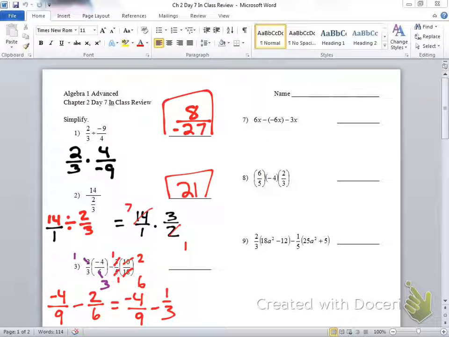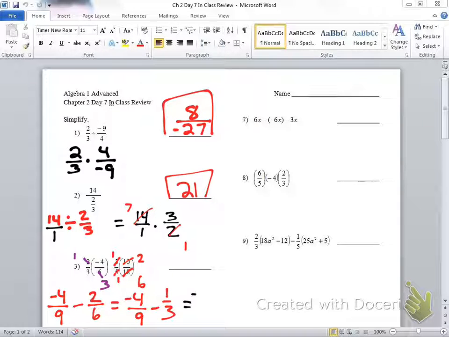Now, can I subtract these? Yes. How? Yeah, you have to get common denominators. So what can 9 and 3 both go into? There's a smaller one. 9, right.